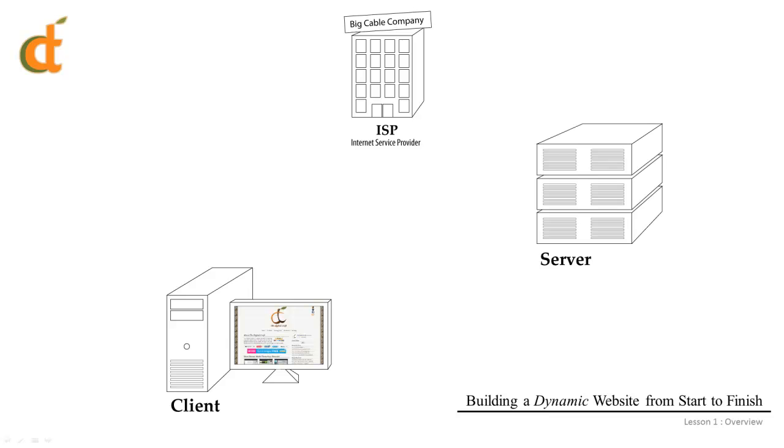And then we have our server. And our server could be anything from the computer sitting next to me, which is my home server, that is connected to the internet and runs just like any other website hosting server, or a room full of servers that you see on TV and in documentaries, or whatever.